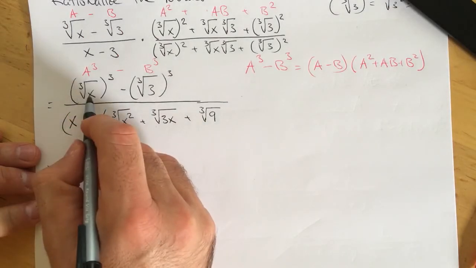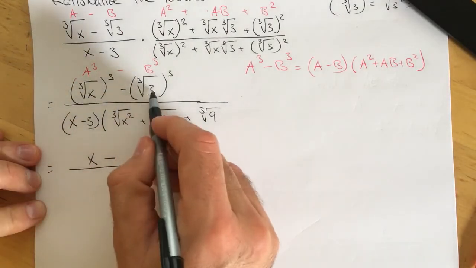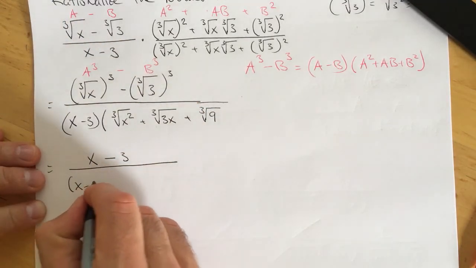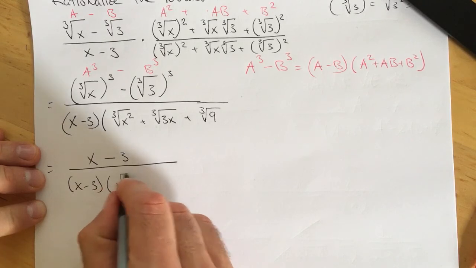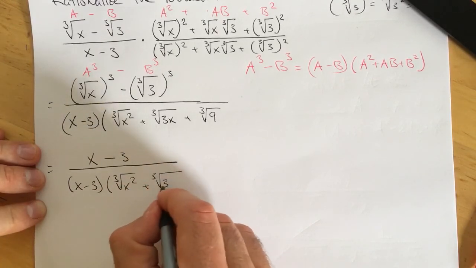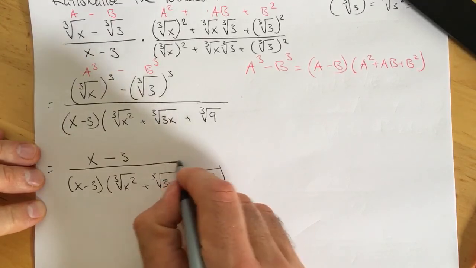Okay, cubed root of x cubed is simply x minus cubed root of 3 cubed is 3 divided by x minus 3 times cubed root of x squared plus cubed root of 3x plus cubed root of 9.